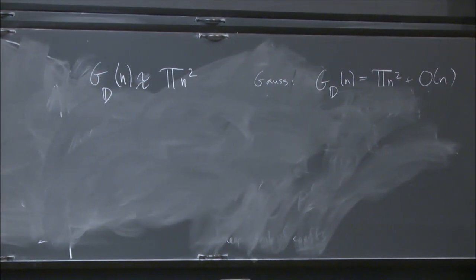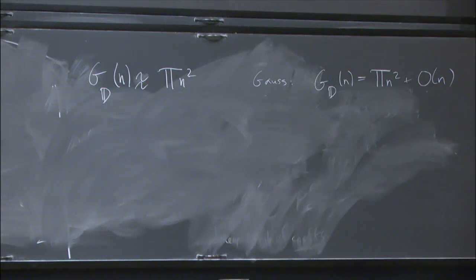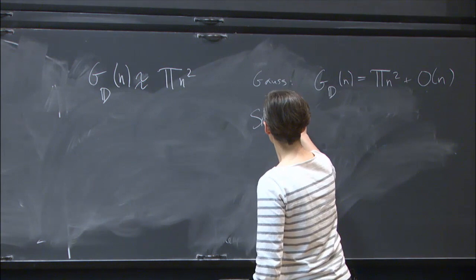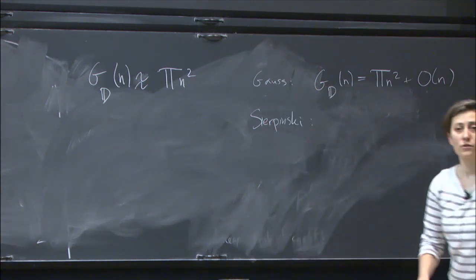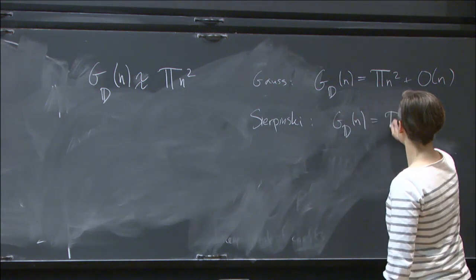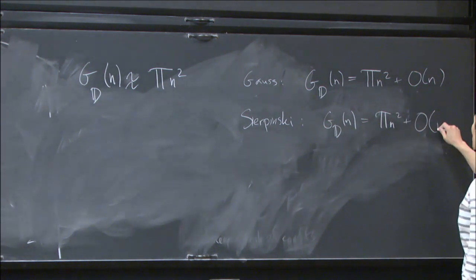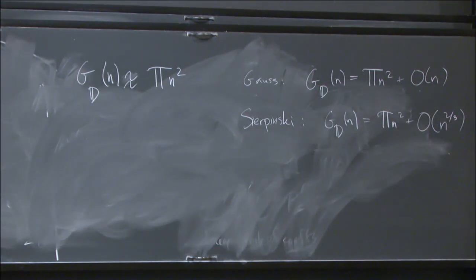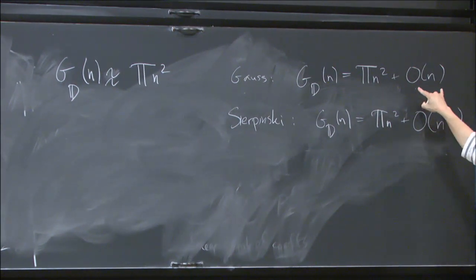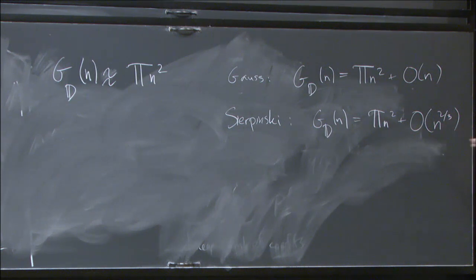OK, so that's nice. And it took about 100 years for Sierpinski to do a little bit better. So Sierpinski showed that actually this number is pi n squared plus an error term that's a little smaller. You don't need all of the linear error term. You can actually get away with n to the 2/3.